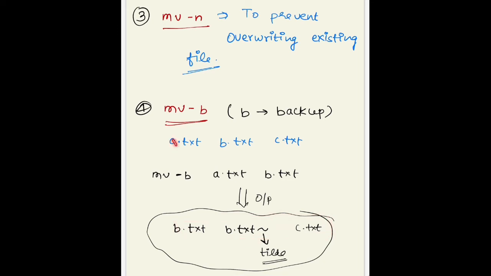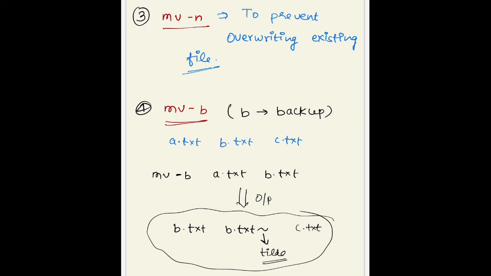My a.txt is changed to b.txt, and my old b.txt is changed to this. This is nothing but a backup file. So that is the beauty of the -b option, that it will create a backup. These are the four main options of the mv command.